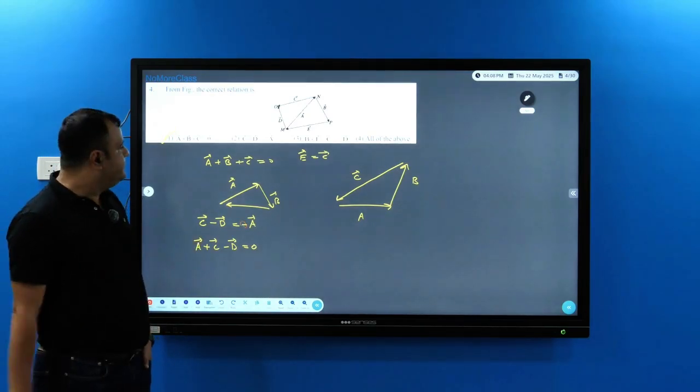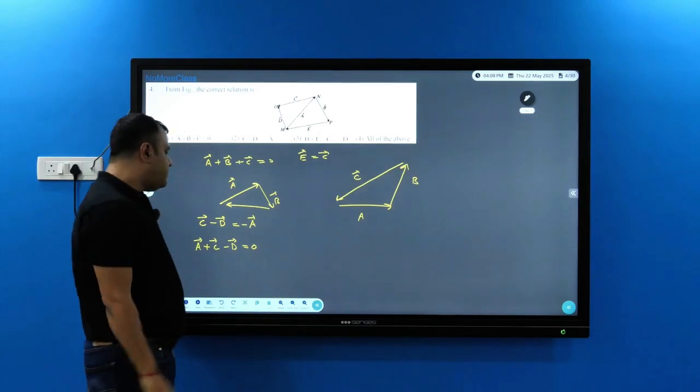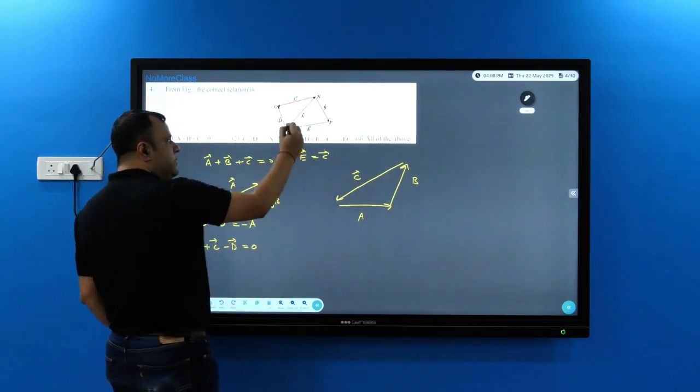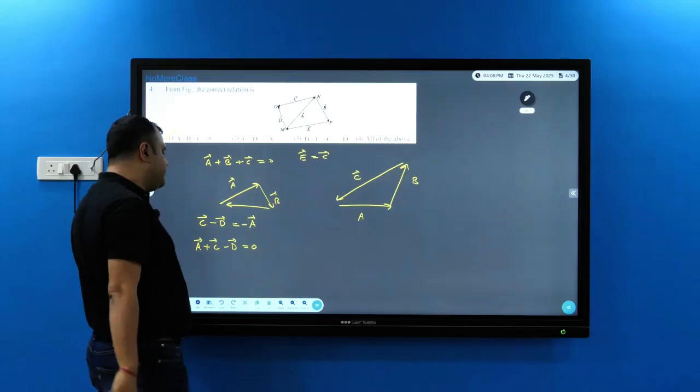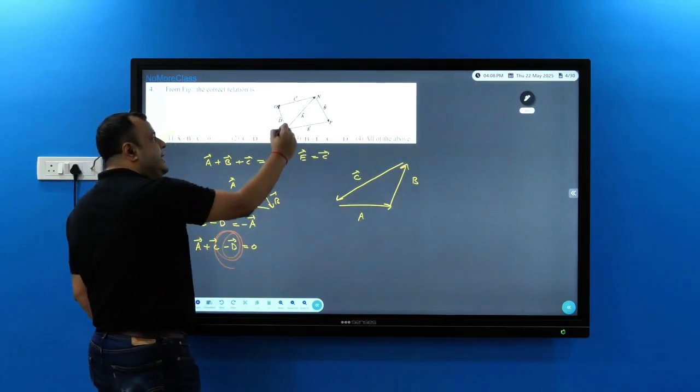So let's see, this is the A. This is the C, arrow wise. So from here, we have reached here. And then it's minus D. So D is there.